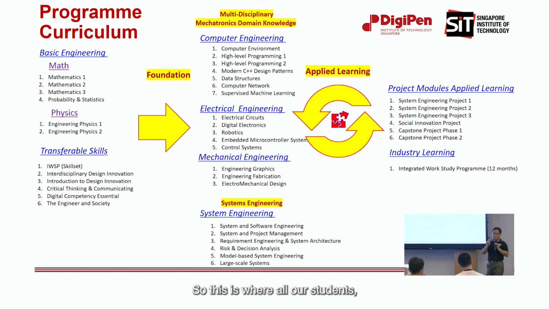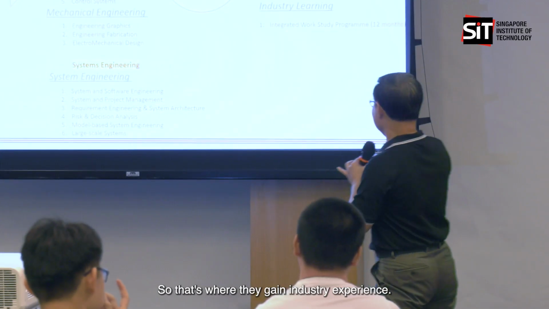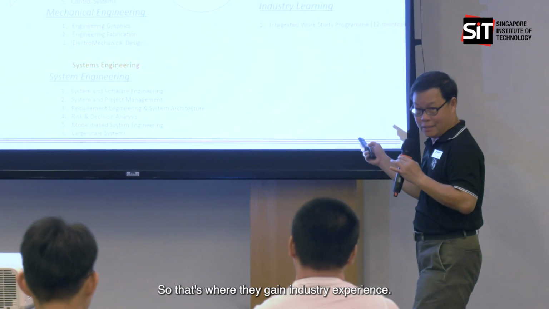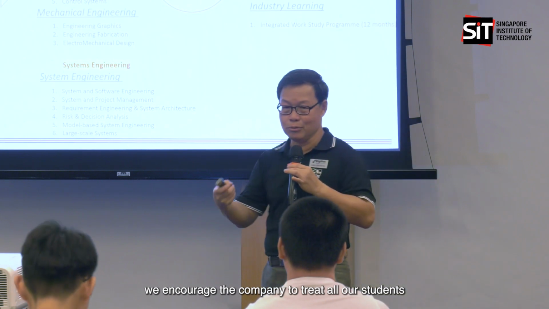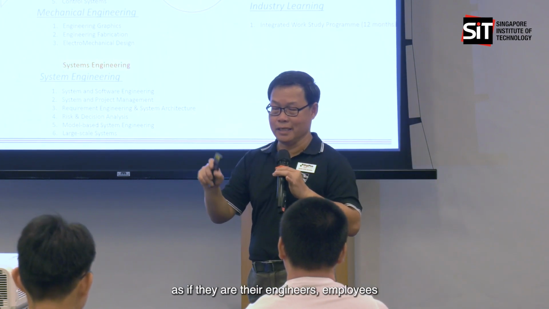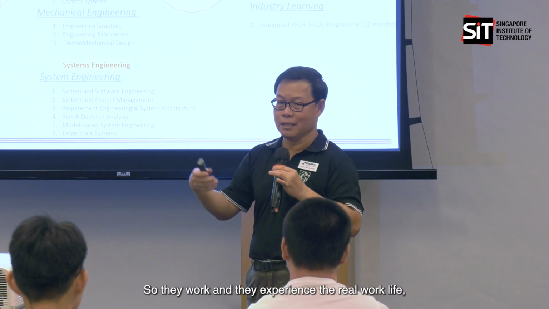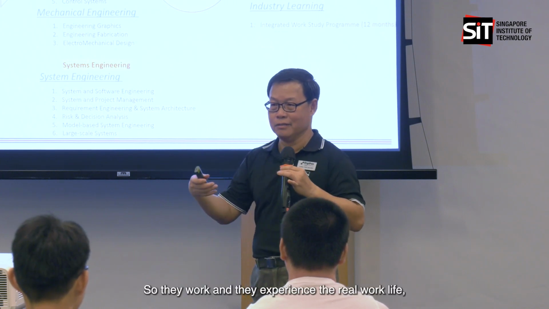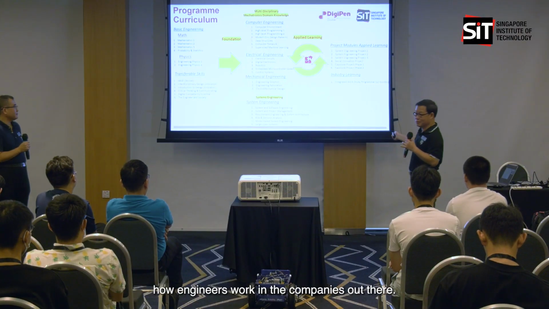So this is where every one of our students will be attached to a company, and that's where they gain industry experience. During that period, we encourage the company to treat our students as if they are their engineers and employees, so they experience real work life, how engineers work in companies out there.